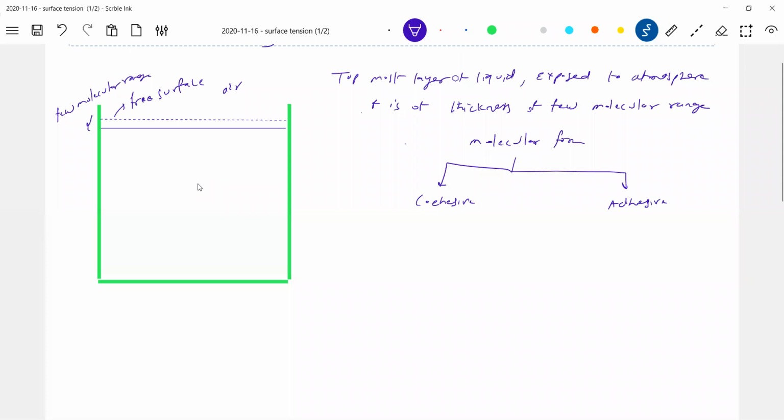What do you mean by cohesive forces? It is the force of attraction between molecules of the same kind. And adhesive force is the force of attraction between molecules of different kinds.